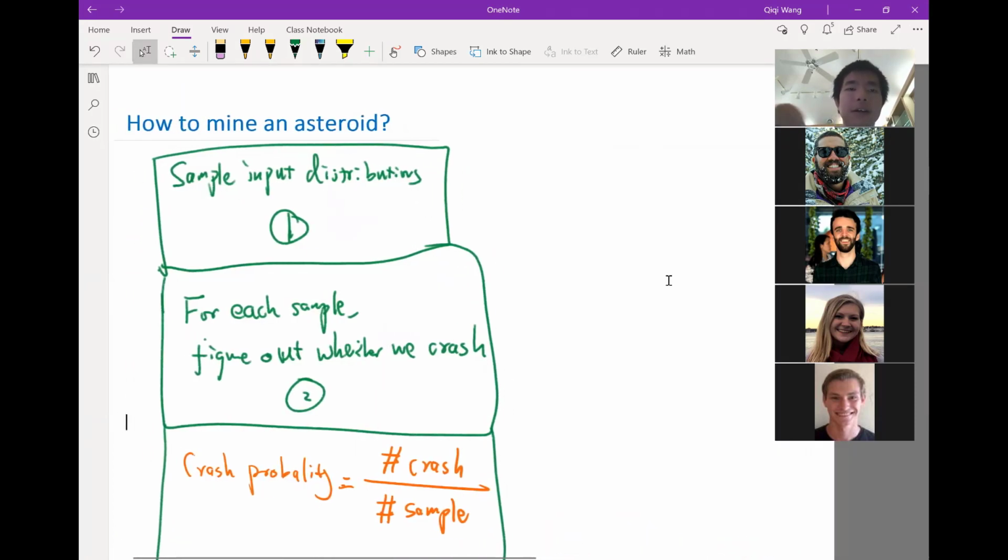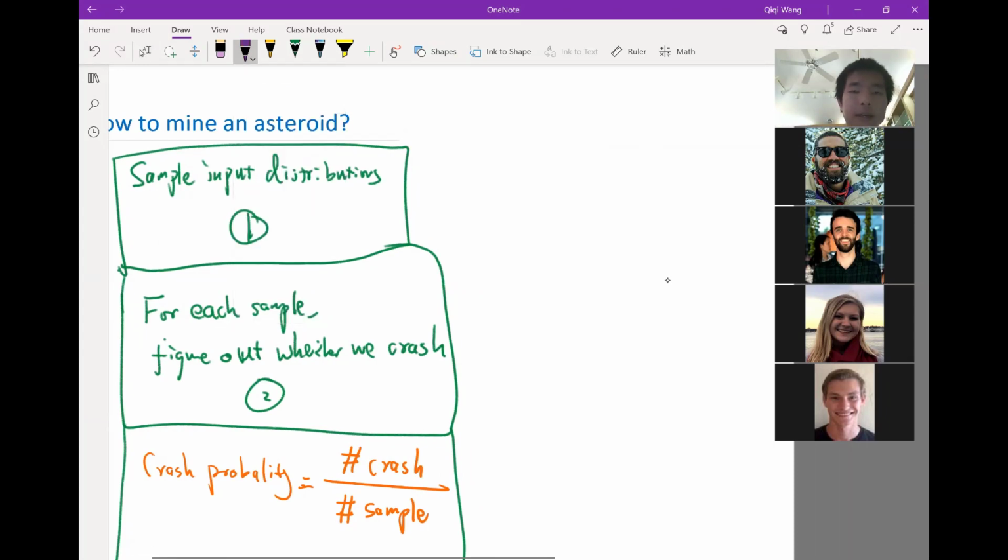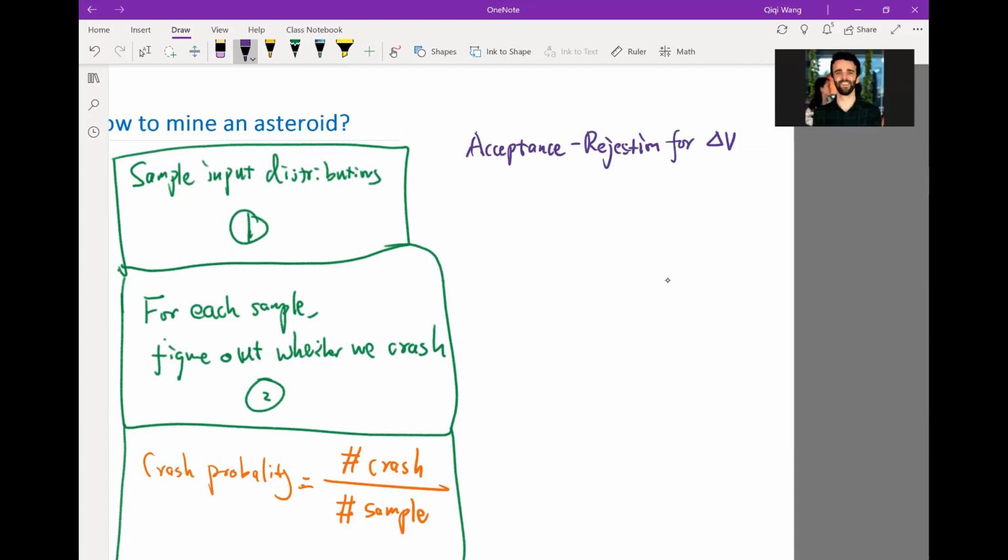Right, so we know we have used acceptance rejection for delta V, which is triangular. What do we use for the exponential distribution that is our burn time?